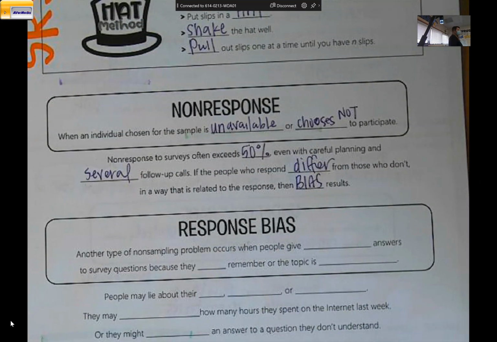So one example of this would be if we want to estimate the unemployment rate. We go to the mall on a Tuesday afternoon at 11 a.m. Are those people going to represent all people? No. If you're at the mall at 11 a.m. on a Tuesday, maybe you're unemployed.